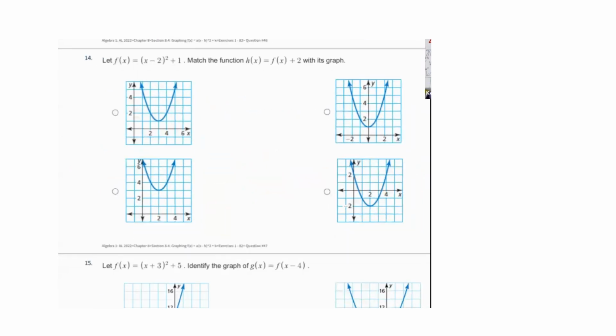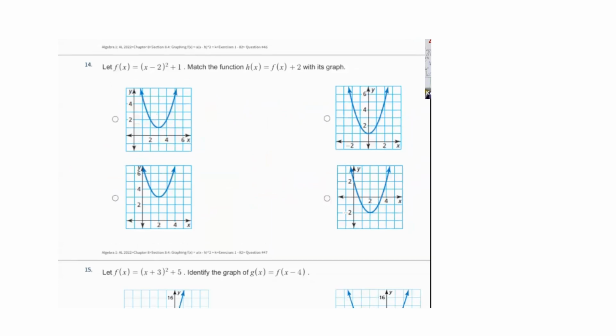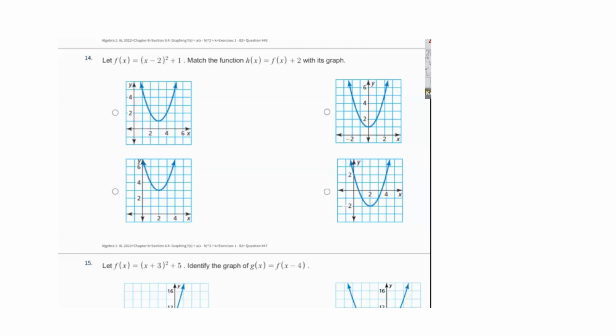All right, let's take a look at this one. Here's what we do: we compare. We're starting out looking at this one, and then we look over here. This is taking this whole f of x. It didn't change anything inside there. So this is taking this whole graph and then plus 2, so it's moving it up 2.